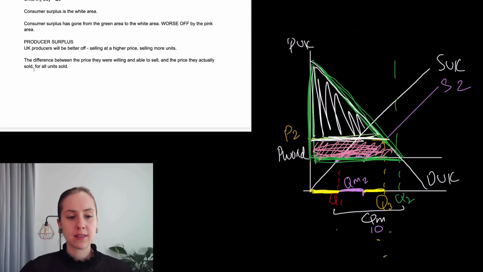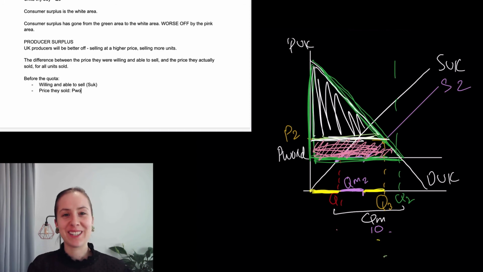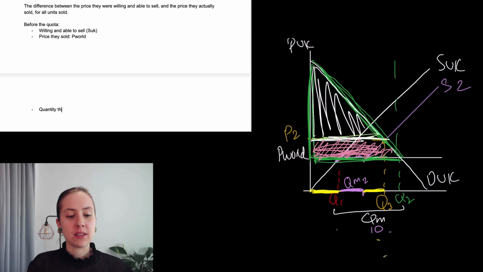Okay, so let's look at the producer surplus before the quota, the willing and able to sell at. This is shown by S1 or SUK in this case. And the price they sold for was P World. And the quantity the UK producers sold was actually only Q1.